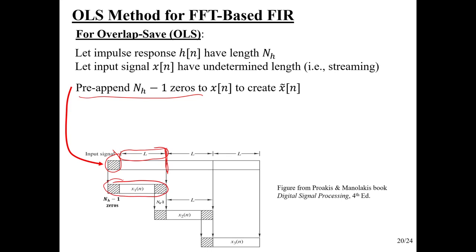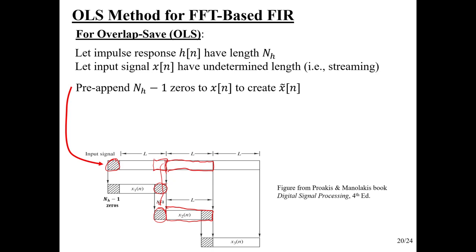Then what we do is we take the next L samples, and they end up down here. But we also grab the previous NH-1, which are sitting here, and those go there. So here we pre-appended zeros. That's because we were assuming the signal to be zero before non-zero things start.